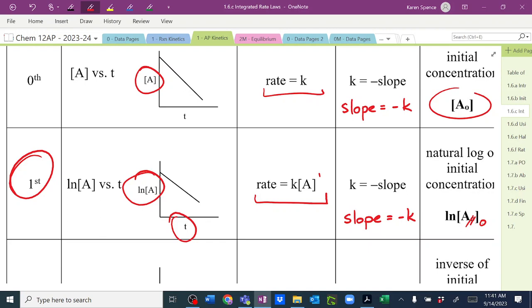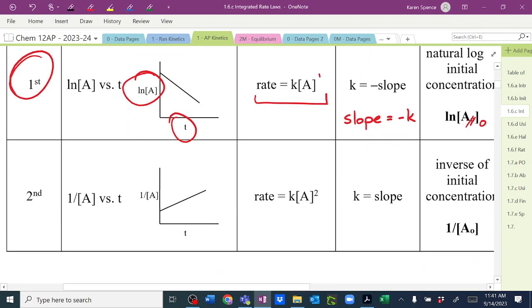I haven't taken calculus in over 30 years, so I know that if I have a second order reaction and I take 1 over A versus time, that will straighten the curve for me. And like I said, if you have taken calculus, you might be able to sort out how that works.